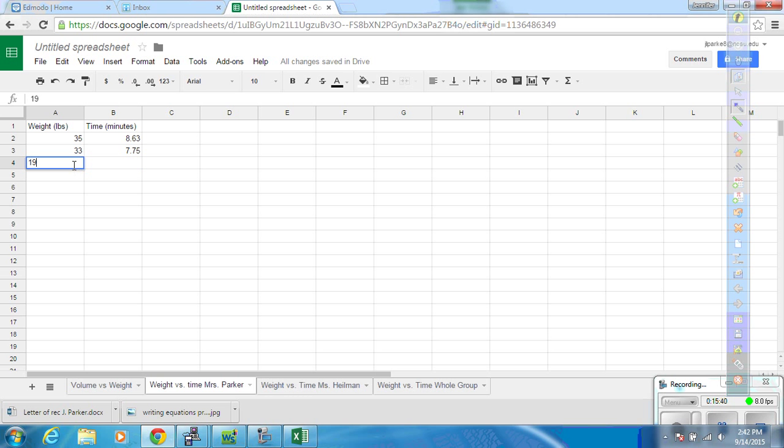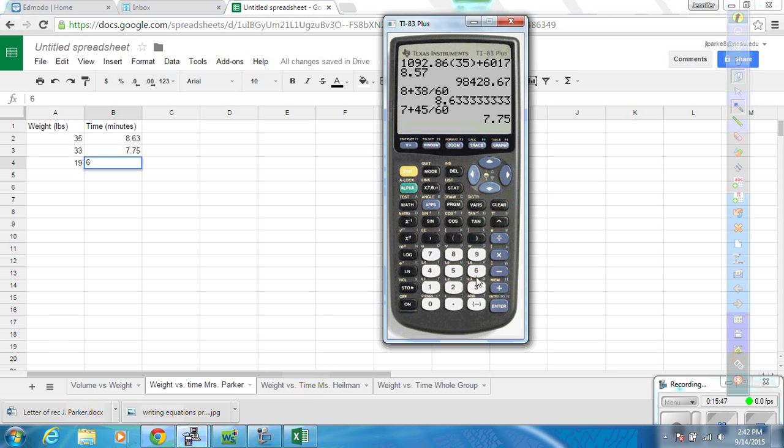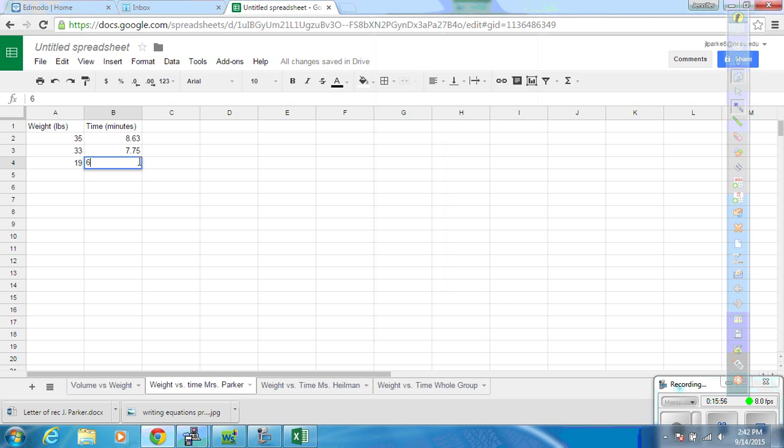So now I've got 19 pounds, took me 6 minutes and 28 seconds. So 6 plus 28 divided by 60 is 6.47. All right, and you can put in your data points this way.